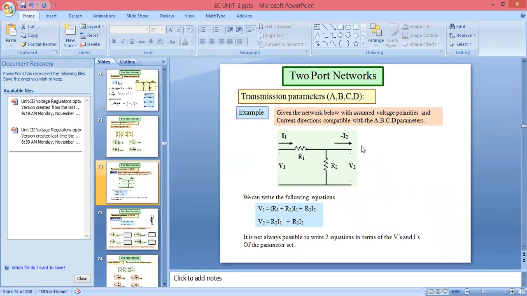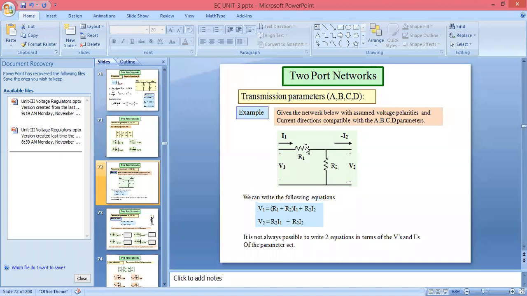If we are having a network like this and we are supposed to find the values of ABCD, you can see here we can write equations by using KVL. If you are applying KVL for loop 1, what will you get? V1 equals the total resistance R1 plus R2 into I1, because I1 will flow clockwise like this.